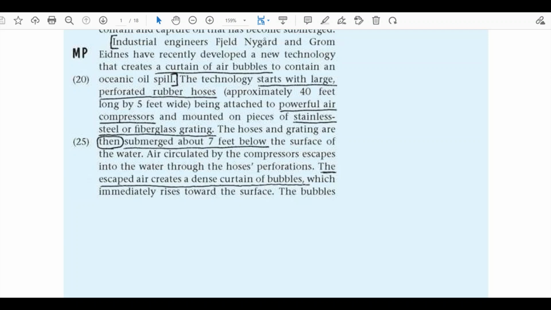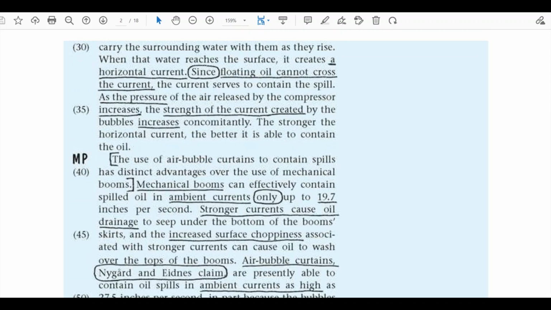Air circulated by the compressors escapes into the water through the hoses' perforations. The escaped air creates a dense curtain of bubbles which immediately rises toward the surface. The bubbles carry the surrounding water with them as they rise.